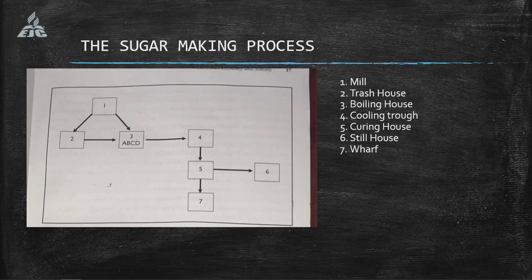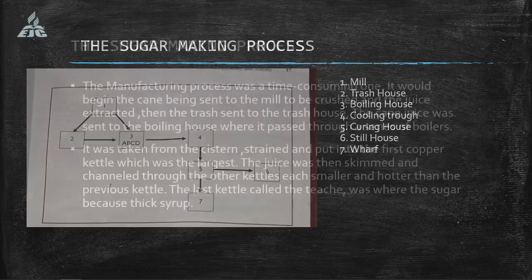And from the boiling house, it would go to the cooling trough, and from the cooling trough, down to the curing house. From then on, it would go to the still house, and from the still house, it would be ready to go to the wharf.